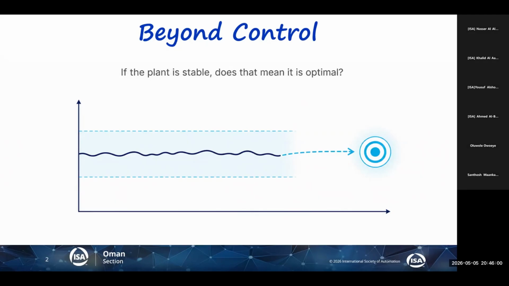I'll have to talk about it a bit. And he even mentioned advanced process control. I was afraid he will talk about it and they will have nothing left to talk about. So really the journey from process basic control to advanced process control, real-time optimization. And the question is, are we still operating at the best point? That is the question which is really asked when you come to advanced process control.